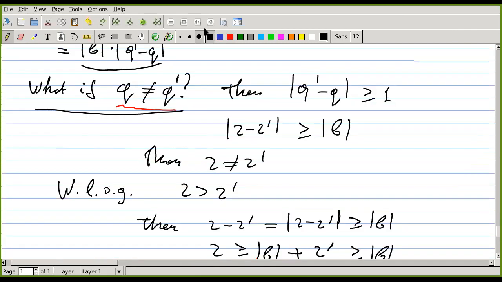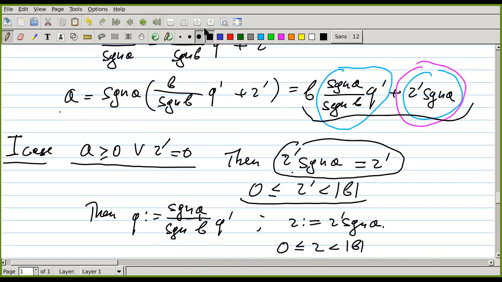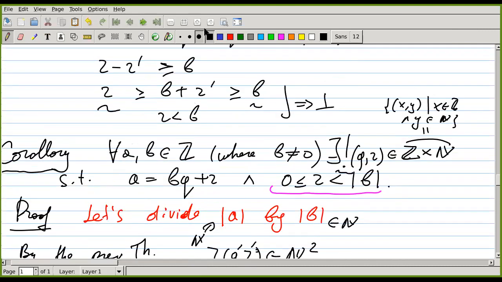So we have proved a very important yet quite easy theorem, that it is possible to uniquely determine both the partial quotient and the remainder for whatever integers, of course, given that the divisor B is not zero.